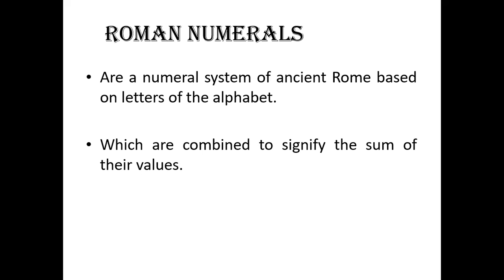So remember that Roman numerals are a system of ancient Rome based on letters of the alphabet, and they're combined to signify the sum of their values. So we need to find how to combine these numbers to make a bigger number than MMM, which is the highest symbol that we have.